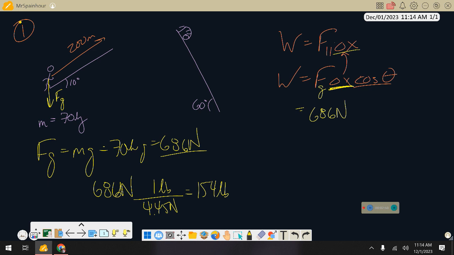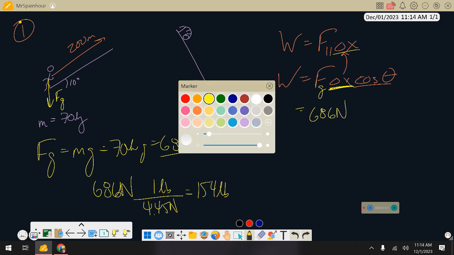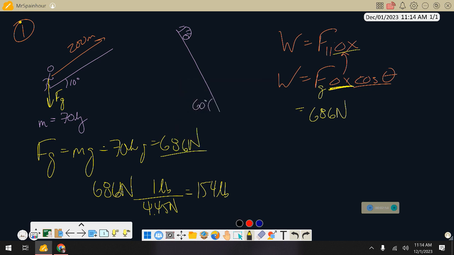Since the force is straight down, if I divide this up into its x and y, what we actually want is this piece right here. This is the displacement parallel to the force. So the whole purpose of this particular section is to just get that right there.